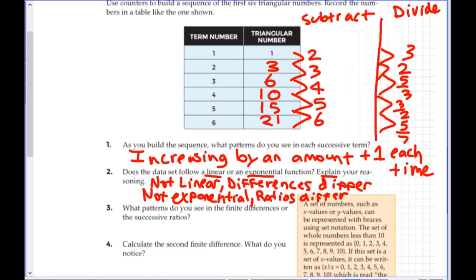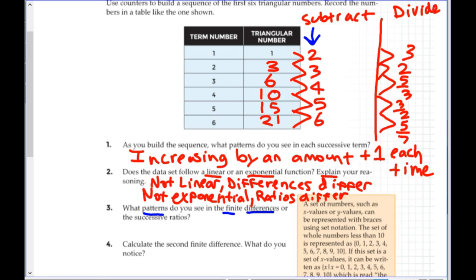So, the next question, I'm going to do this in blue. What patterns do you see in the finite differences? So, right here, this column, is there a pattern? So, follow with me. If you're not on your phone or listening to music, you're up here, right? So, 2, 3, 4, 5, 6. Is there a pattern there?